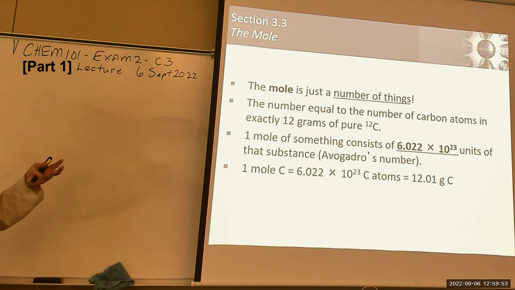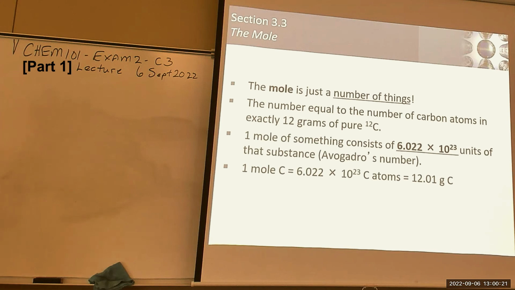So the beauty of this is that when you have a periodic table and you know the atomic mass that's given for each one of the elements, that can either be that many atomic mass units for 1 atom on average, or it can be that many grams per mole of that average atom.